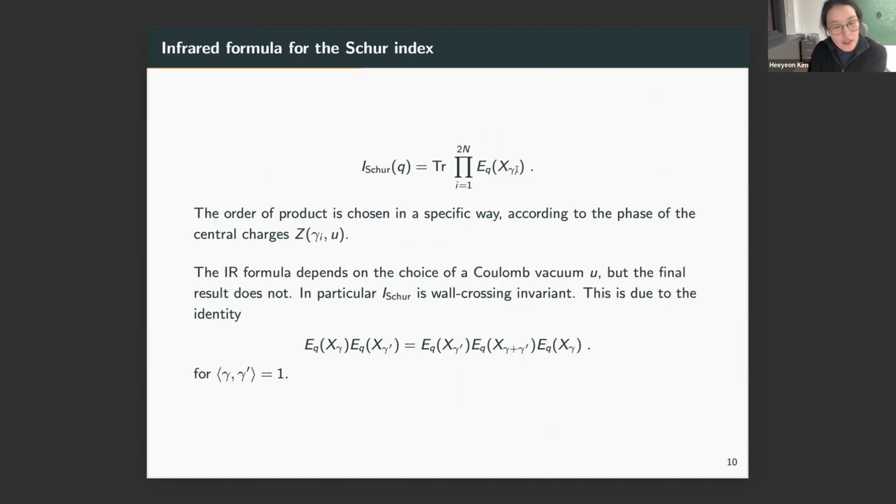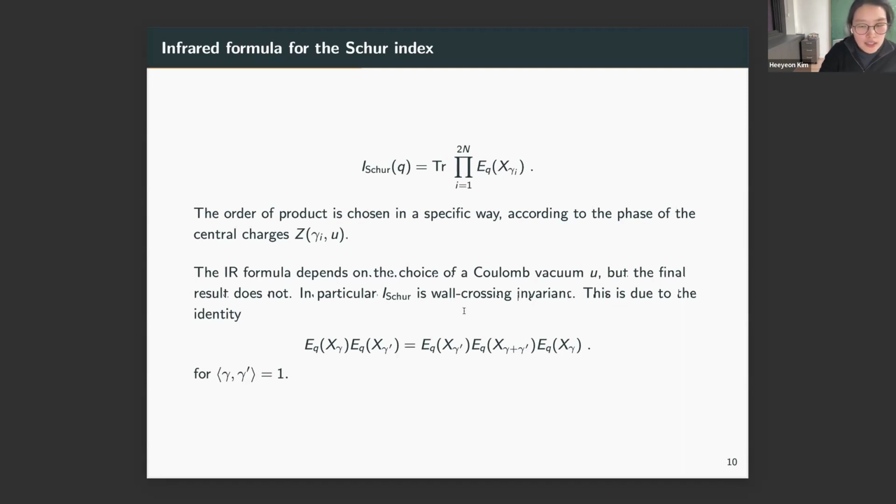And as you can imagine, this IR formula depends on the choice of a particular Coulomb vacuum, which is defined by this complex number U, for example, in the SU(2) case, rank 1 case. But you can also argue that the final result, the trace formula, does not depend on the specific choice of Coulomb vacuum. In particular, you can show that the Schur index is wall-crossing invariant.